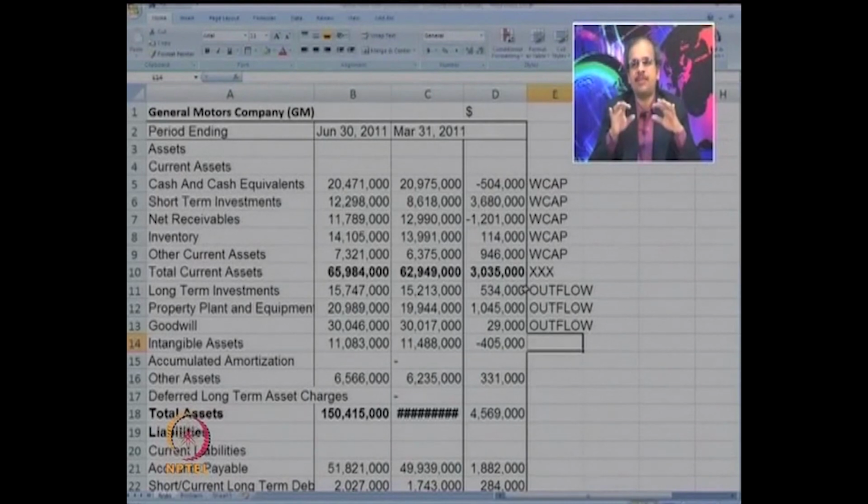In this case, what has happened is intangible assets represents items like software, patents, which are essentially written off. So decrease in the intangible assets is due to writing off of those assets, not because of sale or any other way. So writing off is going to affect the fund from operations, so we have to mark it as FFO.